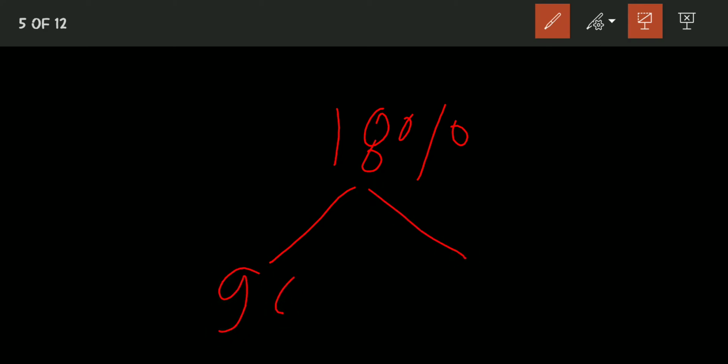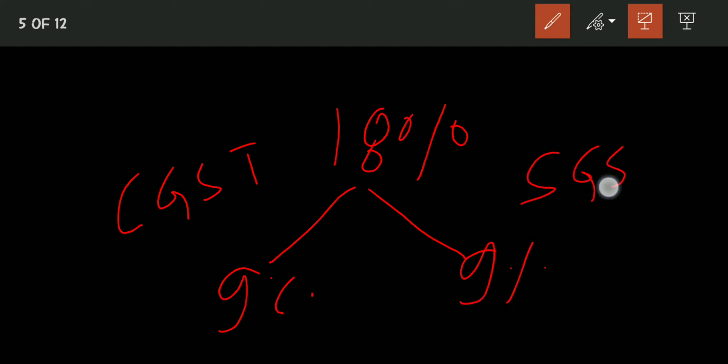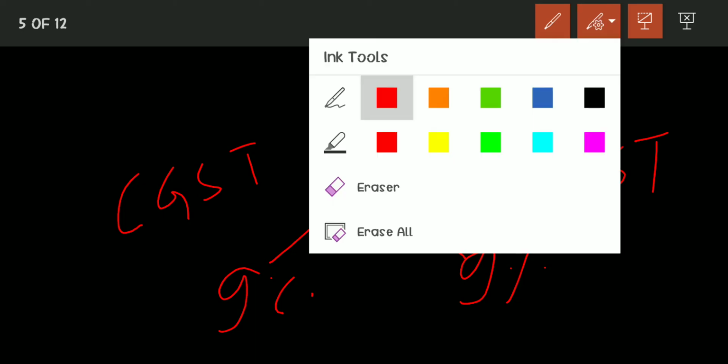Like if 18% GST is imposed on goods, it is divided into 9% as CGST and 9% as SGST. Okay, CGST and SGST, right?